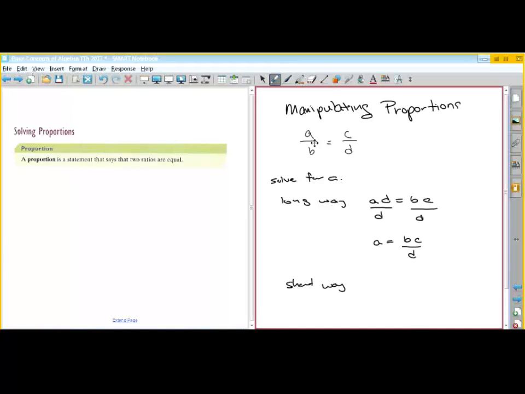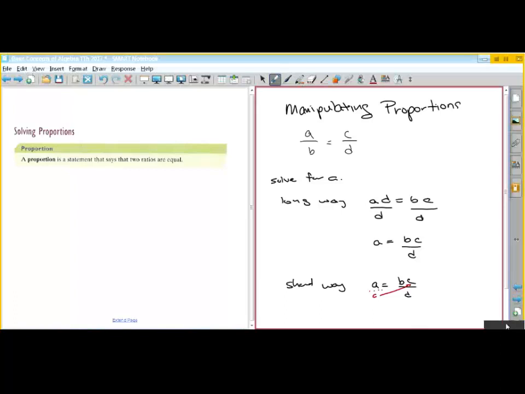The short way is just to take the original proportion and isolate the variable you're trying to solve for by taking the quantity in the denominator on this side and moving it to the numerator on the other side. So all I'm doing is, I had my original ratio and I just moved that direction.